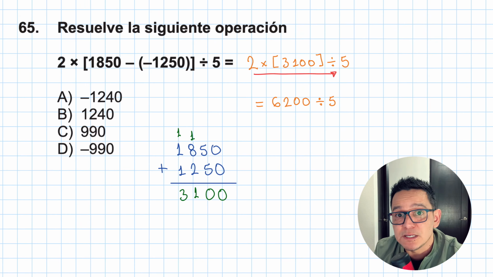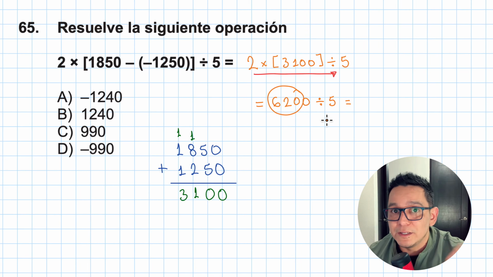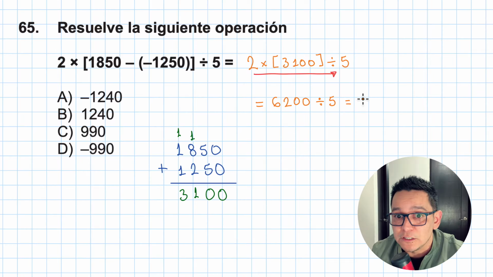Finally, let's do this in the following way. Look, to make it much easier, imagine that I'm not going to divide by 5, but I'm going to divide by 10. If I divide 6,200 by 10, well, I would just get 620, right? But since I'm dividing by 5, it has to give me double 620, which is 1,240.